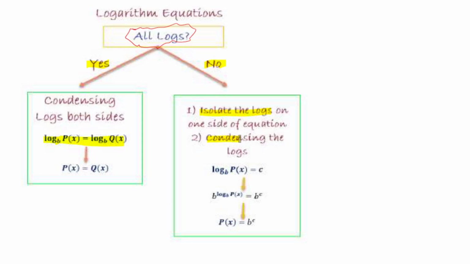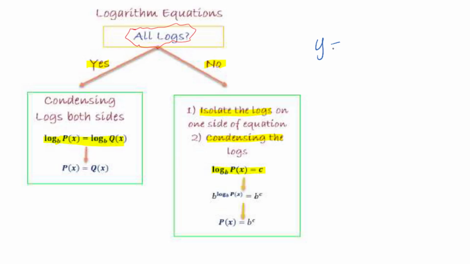If not all terms in the equation are logs, you need to isolate the log on one side. Then condense the log, and you will get this form. Then you will add the base to both sides, getting b to the power of x equals b to the 6th power. Then work out x.